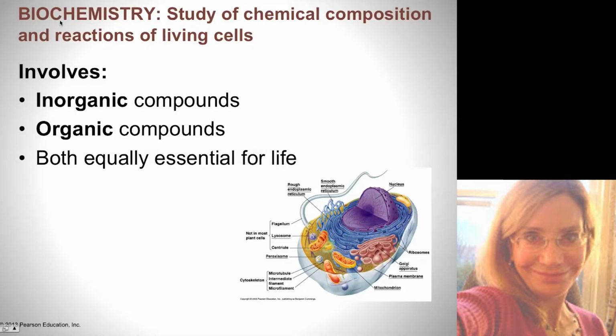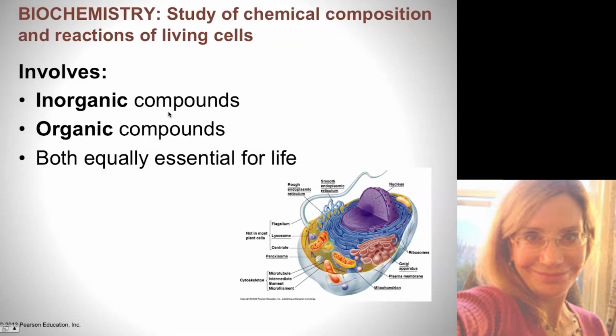Biochemistry is the study of the chemical composition and reactions of living cells. And this is the little figure representing an animal cell. Biochemistry involves inorganic compounds as well as organic compounds. Remember, a compound is a molecule that has two or more types of atoms. There may be a molecule, such as oxygen gas, O2, that's a molecule but not a compound.